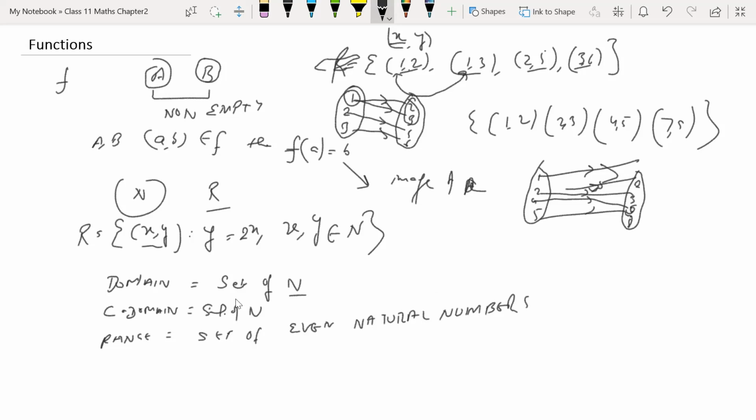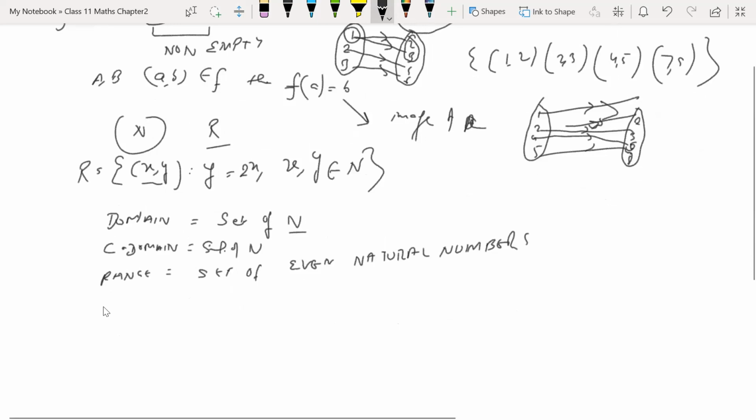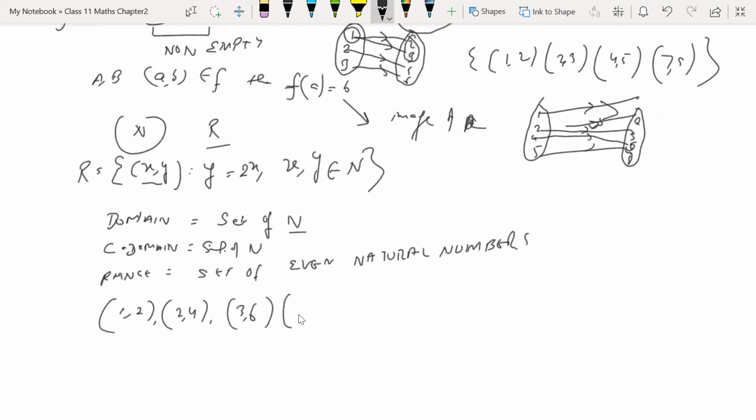Is this a function? If I put x is 1, then y would be 2. x is 2, then y will be 4. x is 3, then y will be 6. x is 4, then y will be 8, and so on.